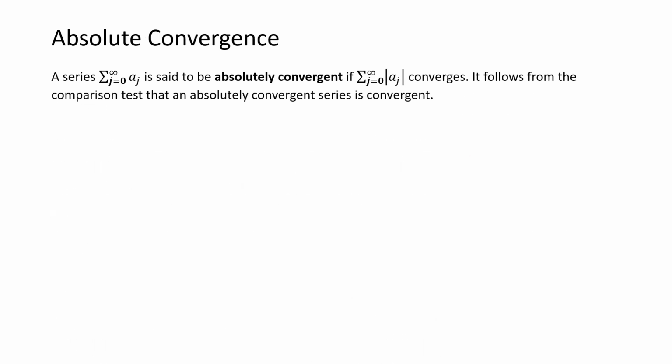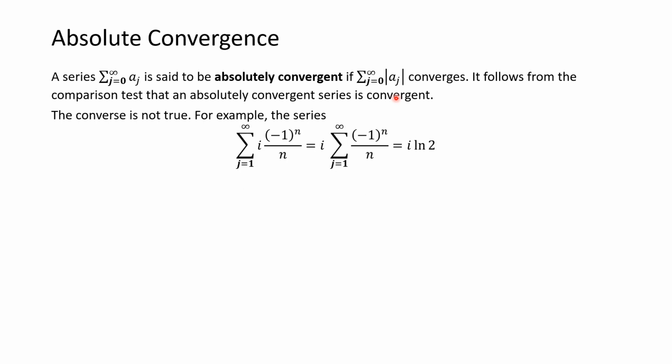There's something called absolute convergence, and it's basically a series is said to absolutely converge if the modulus of the terms converges. And it follows from the comparison test that an absolutely convergent series is convergent. The converse is not true, and I give you an example here. If you take this complex series, i times minus 1 to the n over n, you can factor the i out, and we know from the alternating harmonic series in calculus that this is log 2.